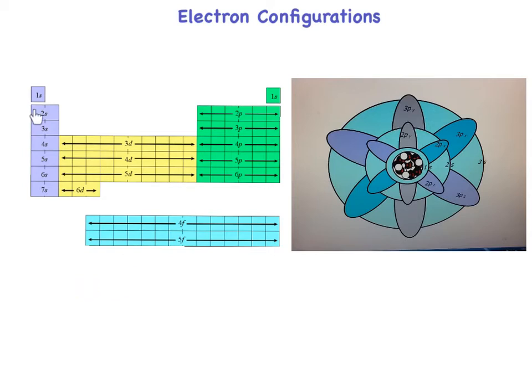If we move to the next element on the periodic table, we'll find lithium. Its atomic number is 3, and it has a second energy level or second shell. Since its atomic number is 3, it has 3 protons in the nucleus and also 3 electrons. Because these electrons are going to fill the lowest energy level orbitals first, lithium is going to fill like this. The lowest energy orbital, the 1s orbital, can hold 2 electrons. So I'm going to put 1 here and 1 here. Now that orbital's full.